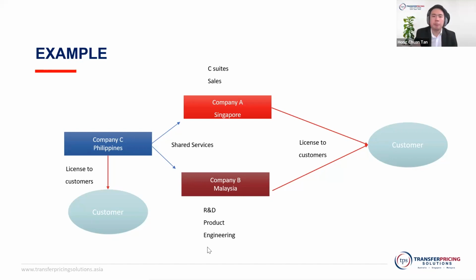If there are any limitations to using cost plus, similarly for R&D, product and engineering, then in relation to when not to apply, for certain transactions I'll go through the same three methods again and see whether I could use any of them. Let's look at C-suites, for example.